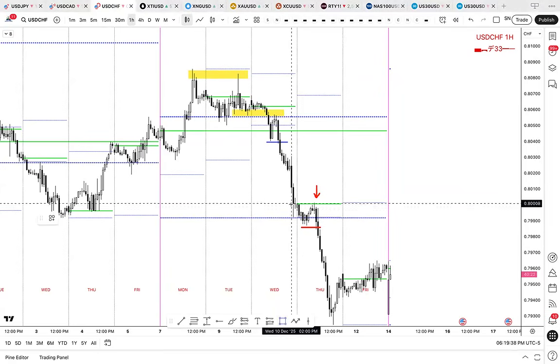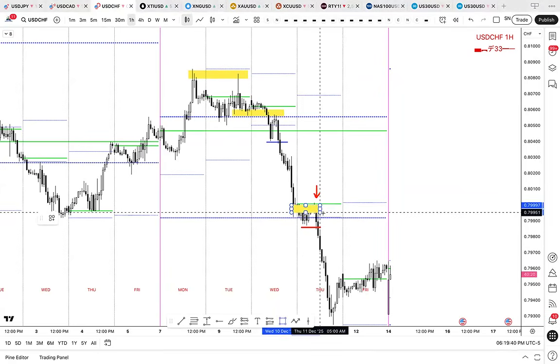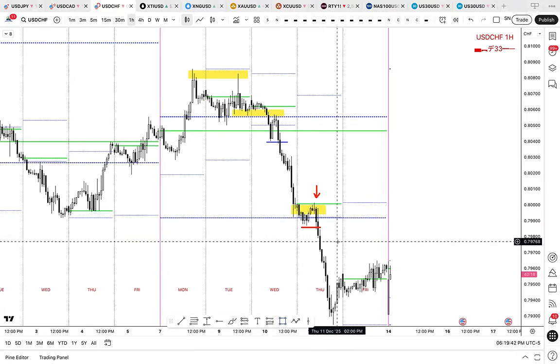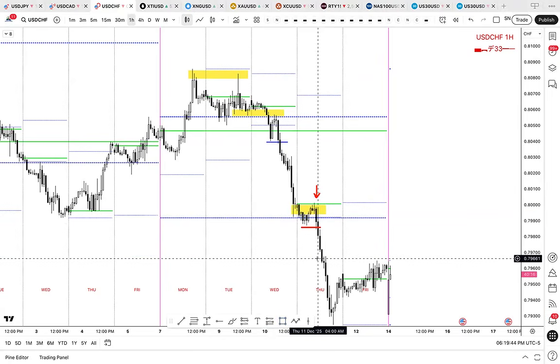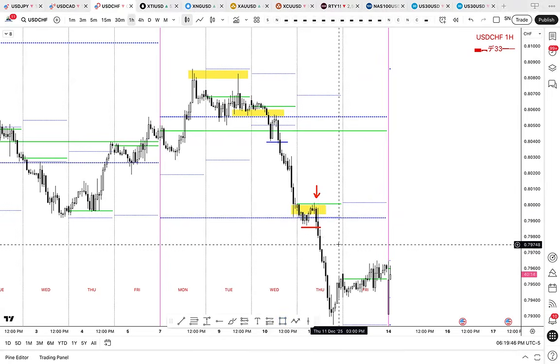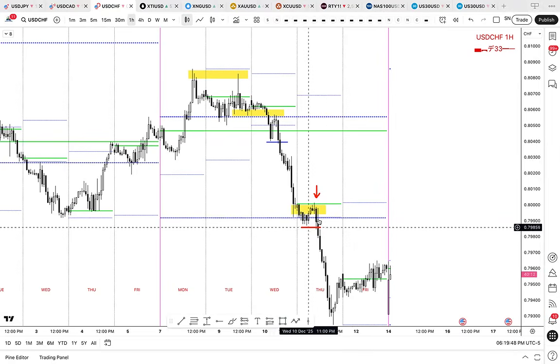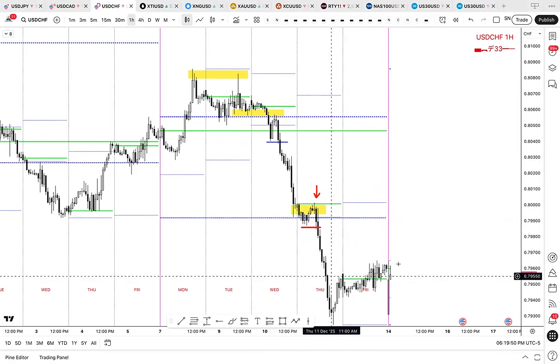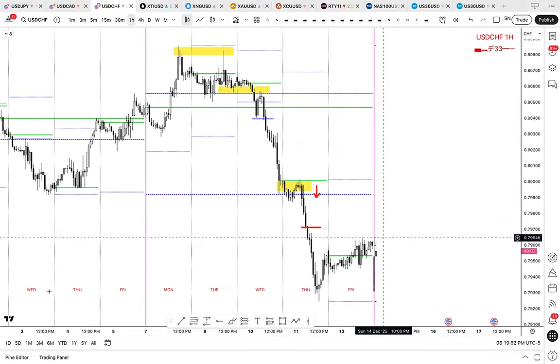Look at this wick here. On a smaller time frame, just go look what that is, and you'll see why I'm drawing these across. They break out, they pull back, they continue to trend. Now on Friday, here's an example.